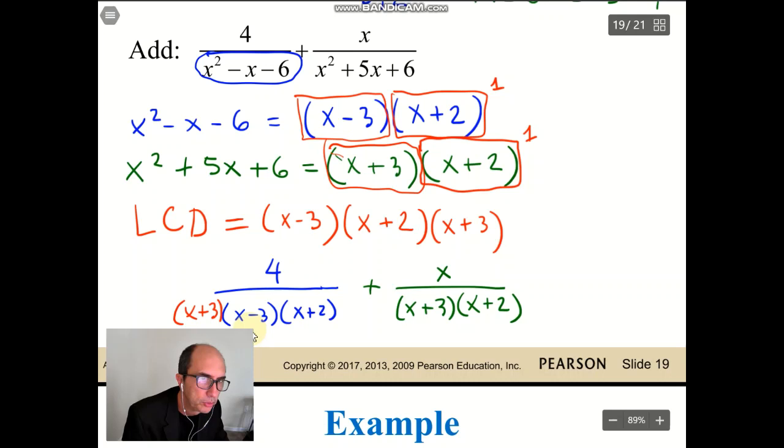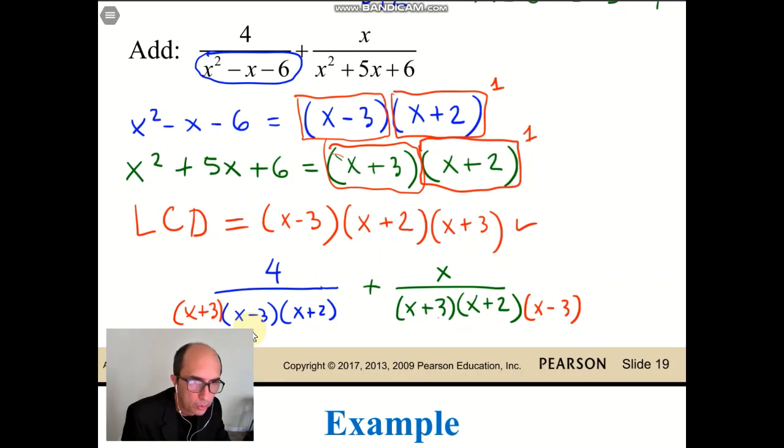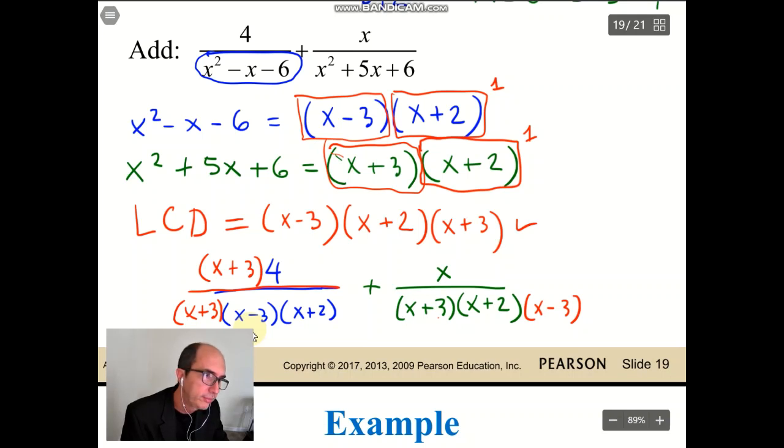Then I have x plus 3, x minus 3, x plus 2. Okay. And on this one, we need to multiply by x minus 3. X plus 3, x plus 2, x minus 3. Don't forget to multiply on the bottom, on the denominator, and on the top, the numerator. Here the same, on the bottom and on the top.